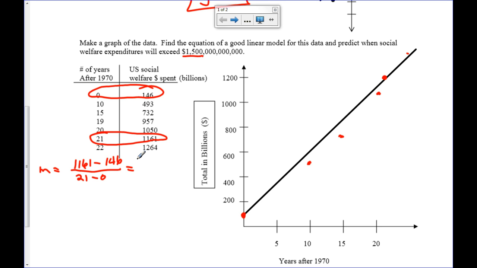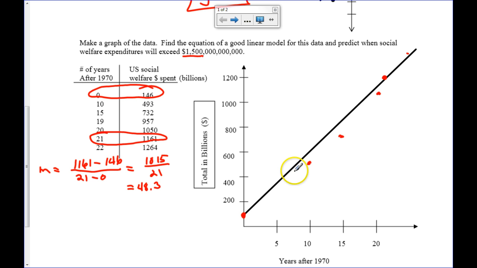If you put that in your calculator, I got 1,015 for the top and 21 on the bottom. Divided by 21, you get about 48.3. Okay, so we got our slope.